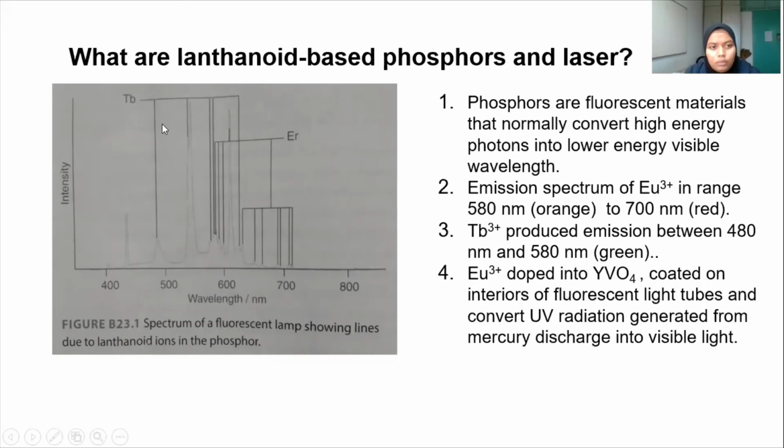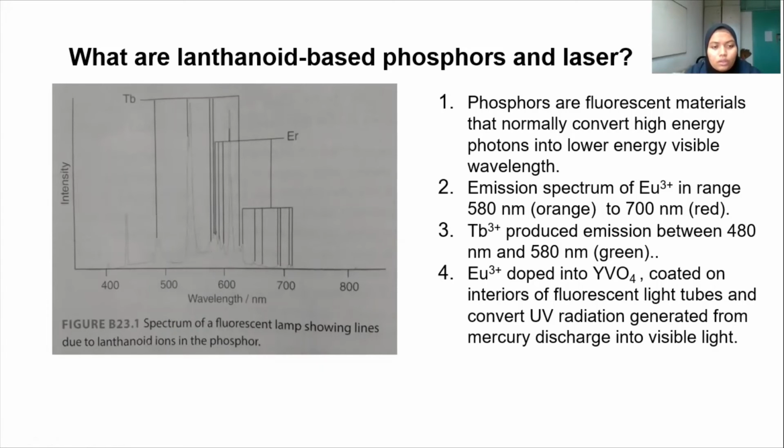And then Tb3+ produces emission starting from 480 nanometers until 580 nanometers.